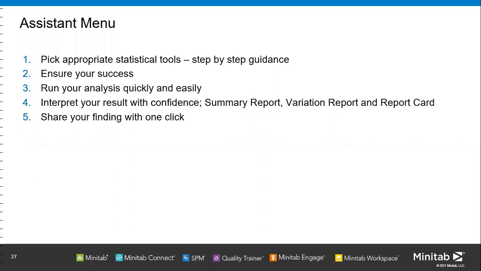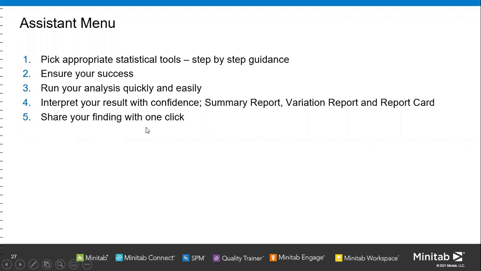As I mentioned, I also use the Assistant to guide me on how to do the hypothesis testing. Maybe it can assure your success, and you can run it quickly and easily. You can interpret your result with confidence since it provides a summary report, variation report, and report card. And of course, you can share your findings with one click.